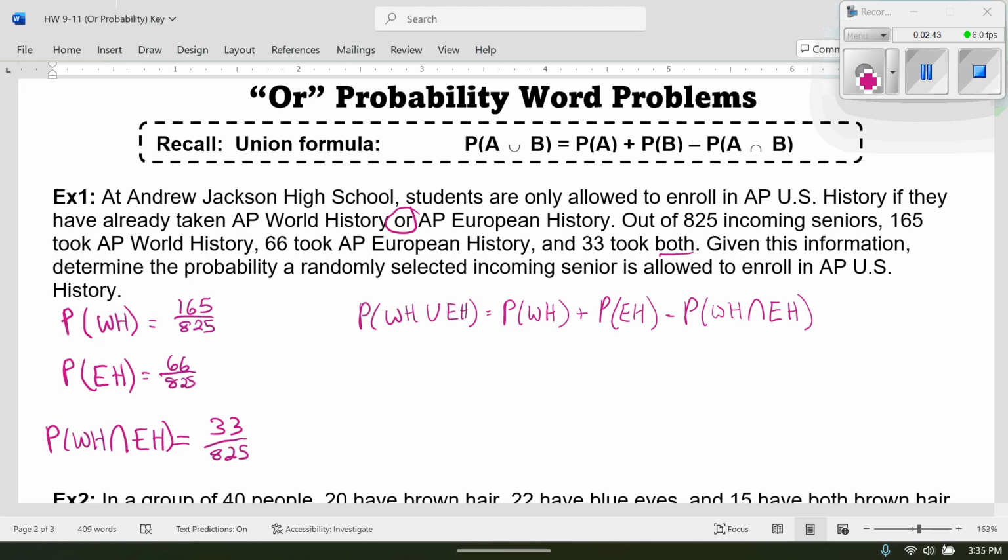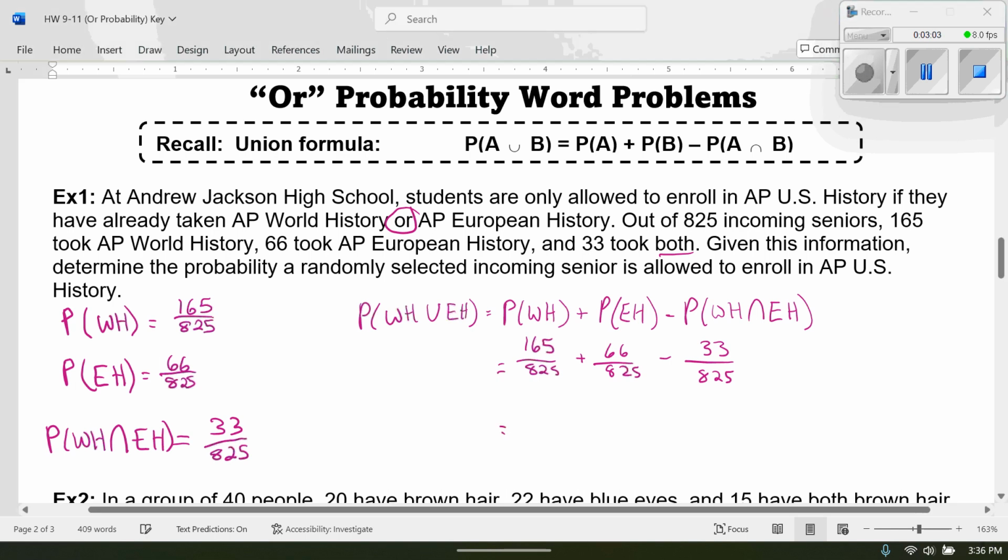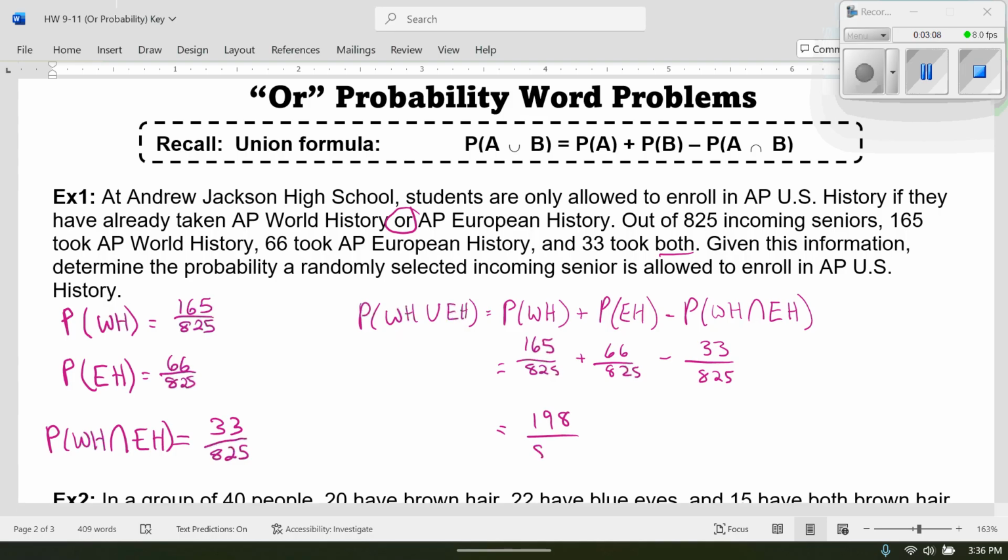So what we have here is the probability of World History is 165 over 825, plus 66 over 825, minus 33 over 825. You're going to throw this all in your calculator, and you're going to get the answer, which is 198 students out of 825. That's the chance of taking one or the other, which is really your chance of being allowed to enroll in AP US History.